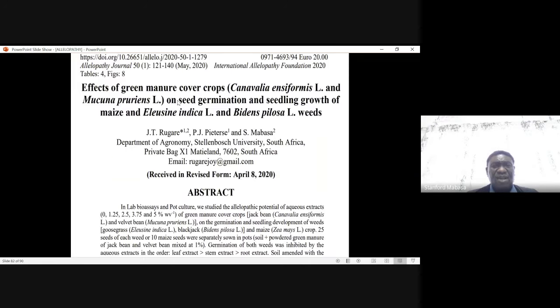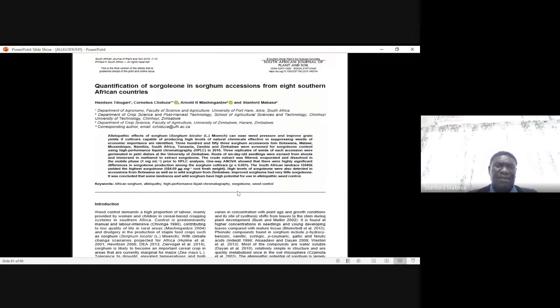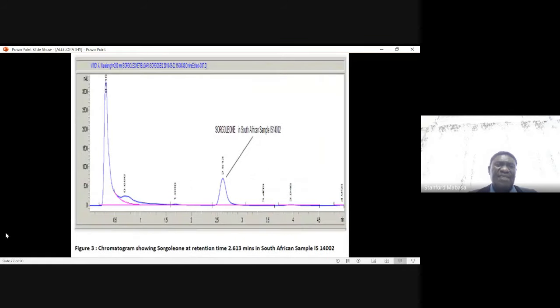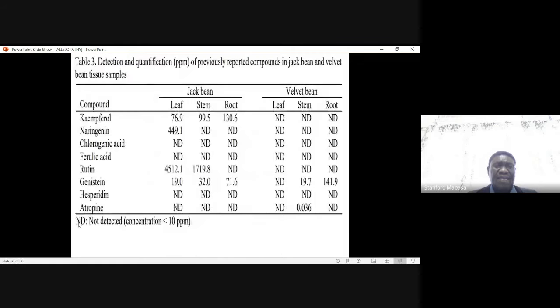In fact, Dr. Rugari also used this same technique to check these allelochemicals in green manure cover crops.